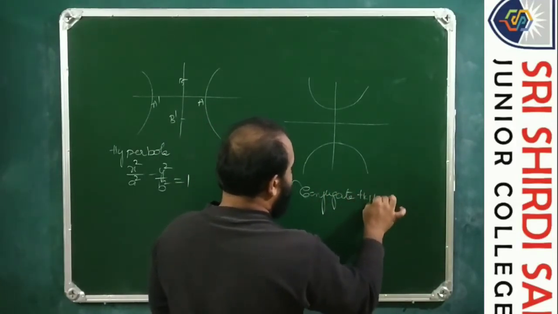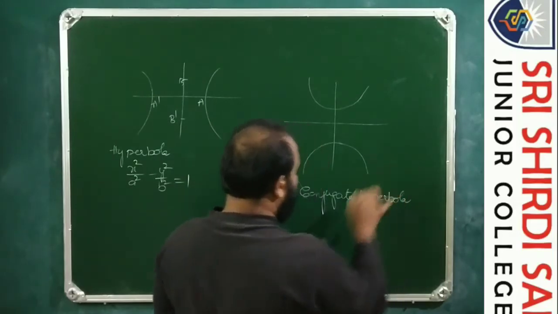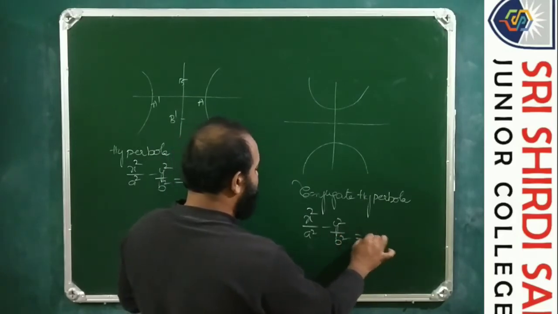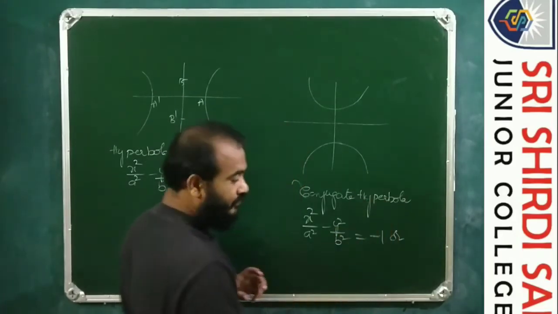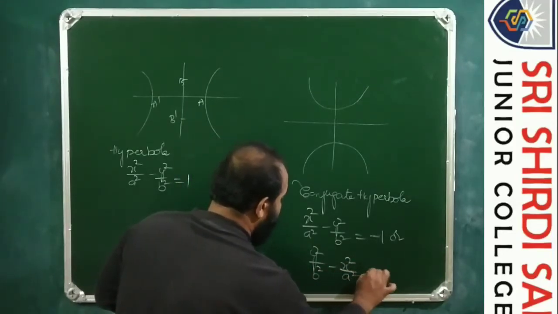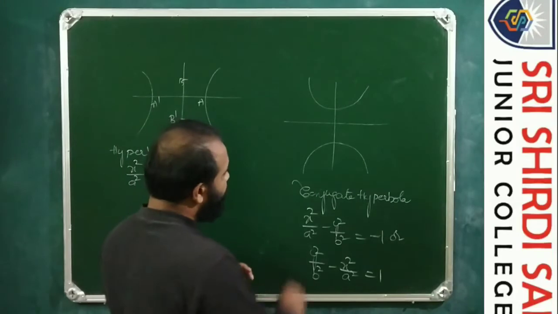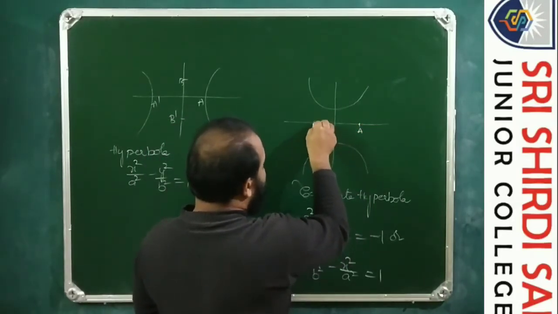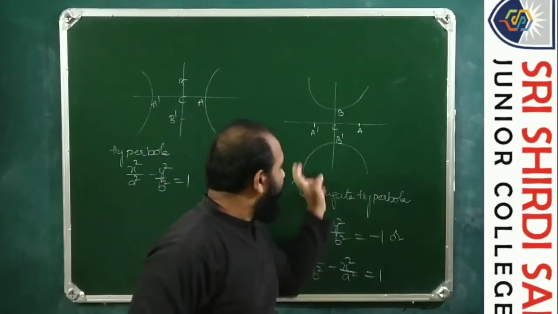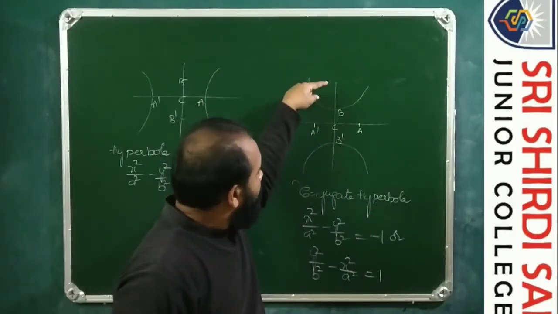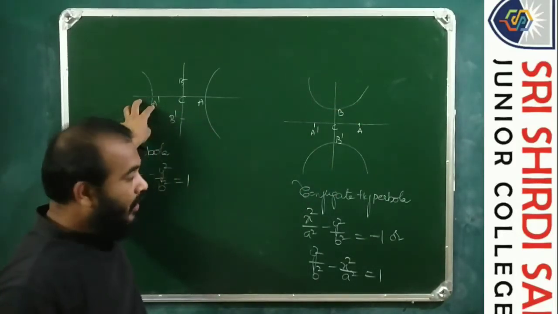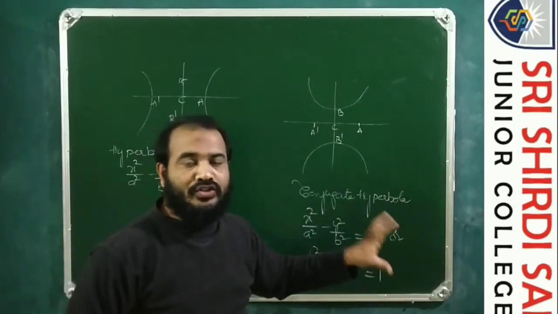Its equation is x square by a square minus y square by b square equals minus 1, or y square by b square minus x square by a square equals 1. Here this is A dash and this is the center. For this hyperbola, the transverse axis is the conjugate axis of the original hyperbola. So this is said to be the conjugate hyperbola.